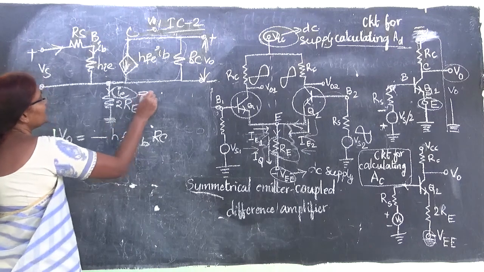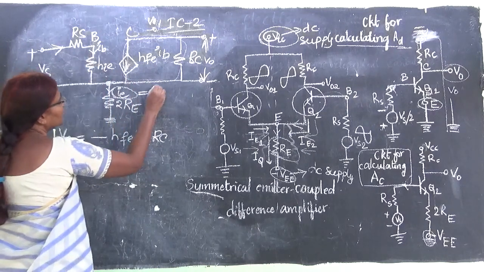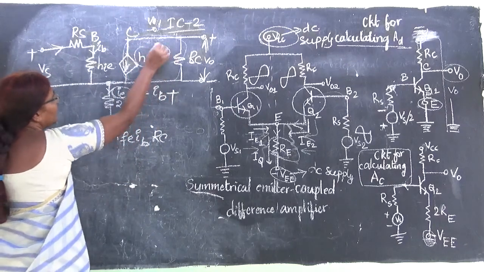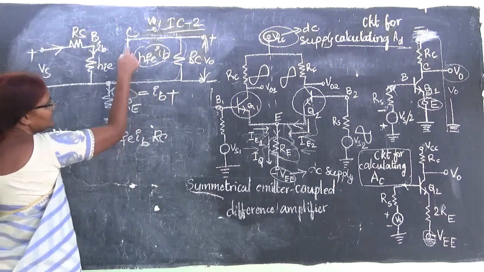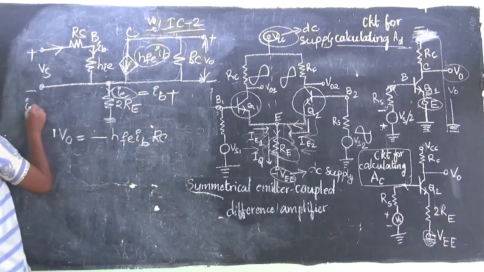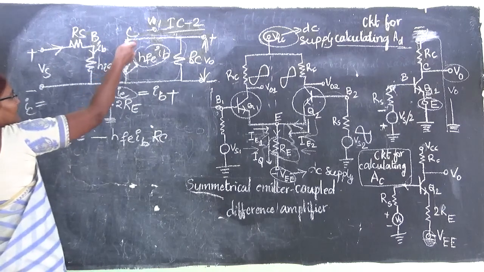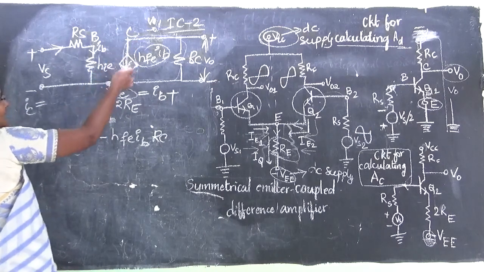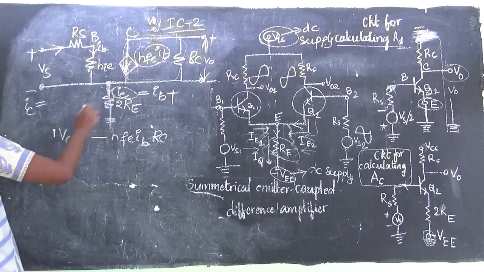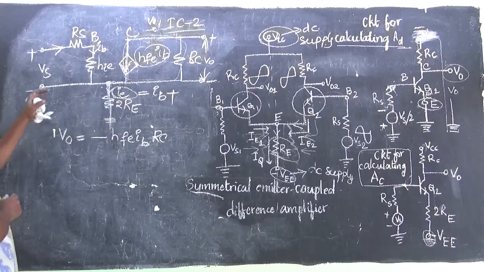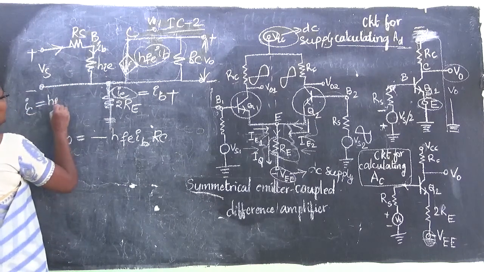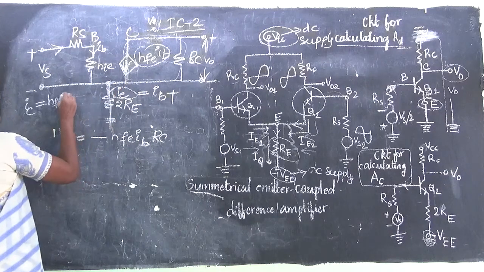So IE is equal to IB plus HFE IB, which is the current flowing here. IC is nothing but the current flowing through the collector, which is the current flowing from this IB. So here IC is going to be HFE IB.